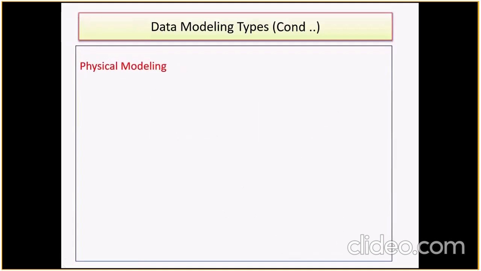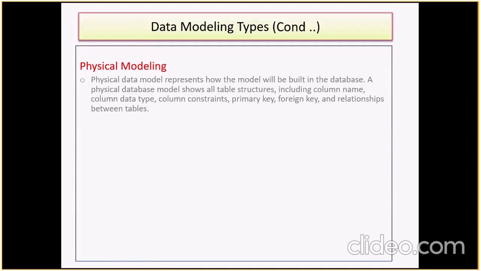Third is physical modeling. This is what exactly we want in the database. When we talk about physical modeling, how are we going to implement it in the database? What are all the constraints, primary keys, foreign keys, relationships? We want all of that in the database.